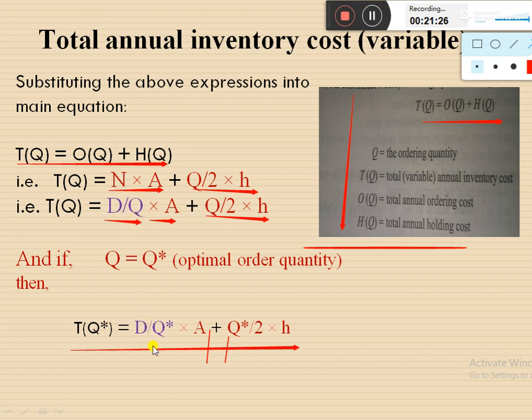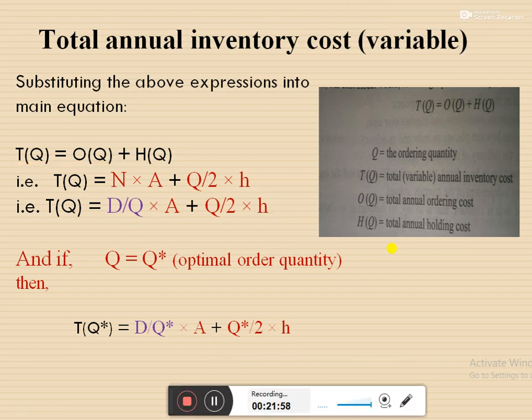The Q would be replaced by Q star, or optimal order quantity, or EOQ, economic order quantity. So the formula is D by Q star into A, that denotes the cost per order, plus Q star by 2, that denotes average inventory in the stock, into H. H denotes the carrying cost per unit per annum.